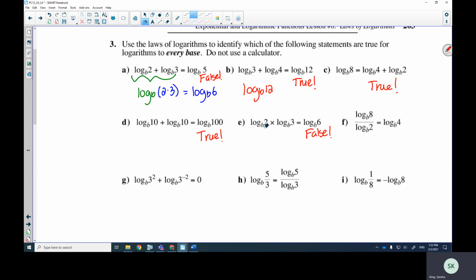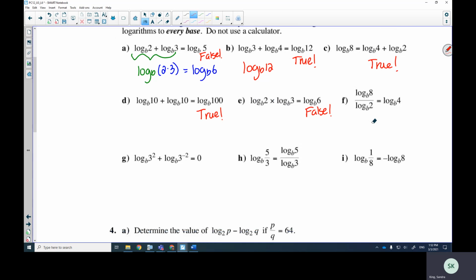Okay? So you cannot apply a law for multiplication. There's no law here. Same with this guy, right? Let's rewrite this guy. This is the log base B of 8 divided by the log base B of 2, right? So they said, oh, this is the quotient law, and they divided these arguments?